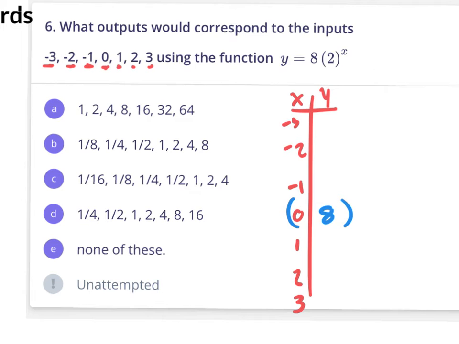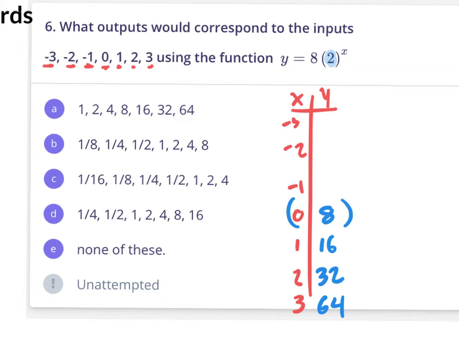So what I'm going to do now is use the base, which is 2, which means that it's going to grow, and I'm going to make this output 8 grow by that growth factor of 2. 8 times 2 is 16, times 2 is 32, times 2 is 64.